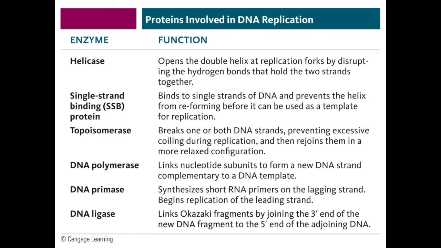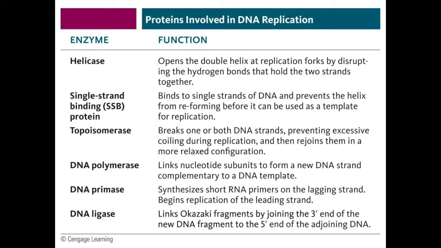This enzyme prevents this excessive coiling during replication, and then it helps rejoin the two segments that it just cut, to help them be in a more relaxed configuration so that that supercoiling doesn't happen as DNA helicase is running along the DNA, cutting the hydrogen bonds.